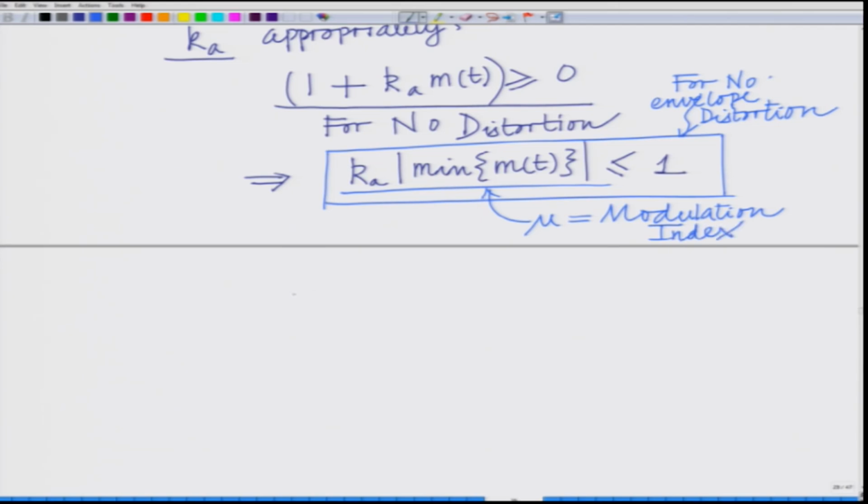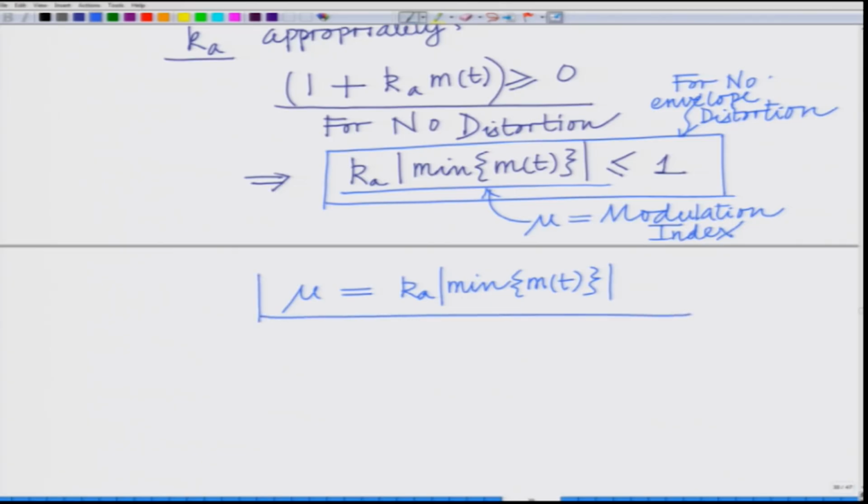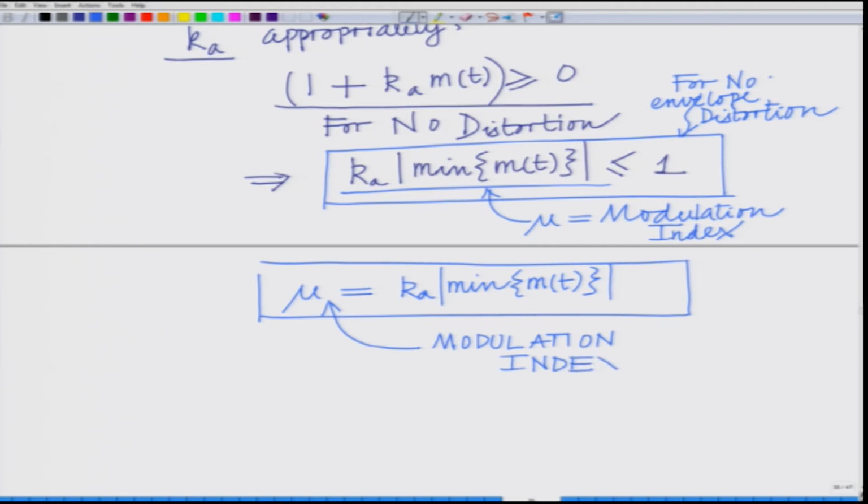The modulation index of this amplitude modulated system, mu equals Ka times the magnitude of the minimum of Mt, where mu is the modulation index of this amplitude modulated system.